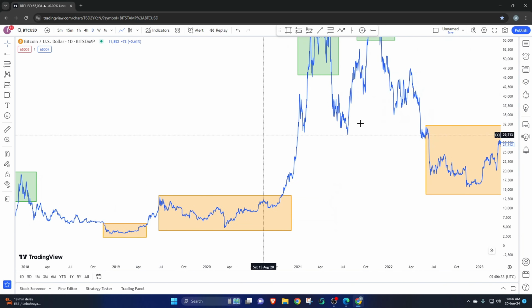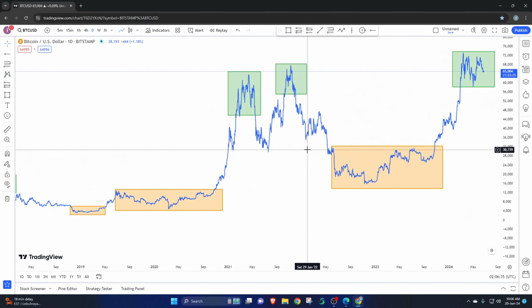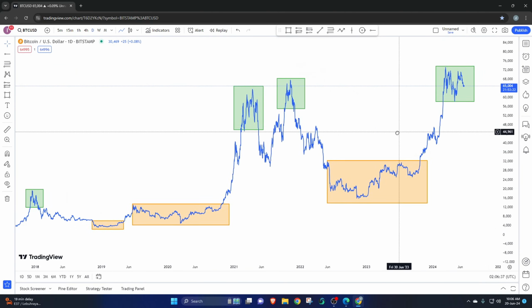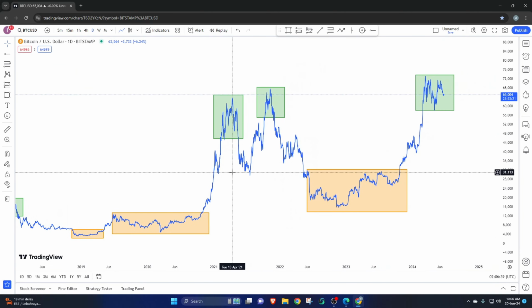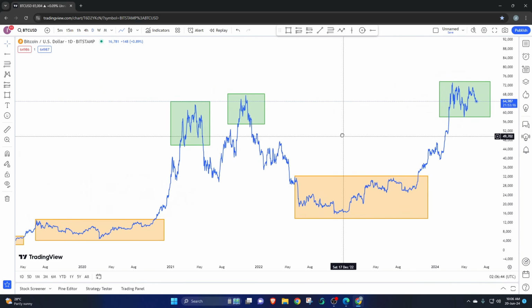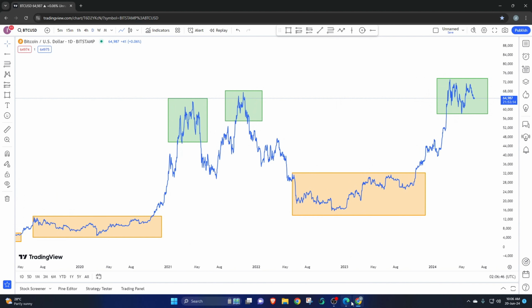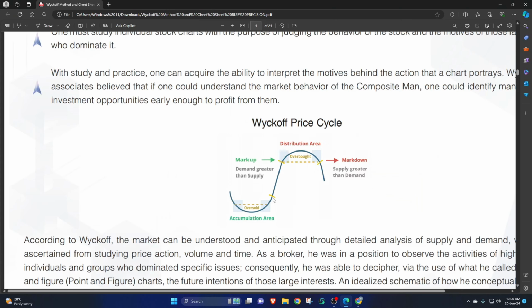You guys must understand that in every cycle there will be distributions and there will be accumulation. So what happens in between? There will be a price pump, which is known as a markup, from the accumulation to the distribution, and then there will be a price drop, which is known as the markdown, and the cycle will repeat.